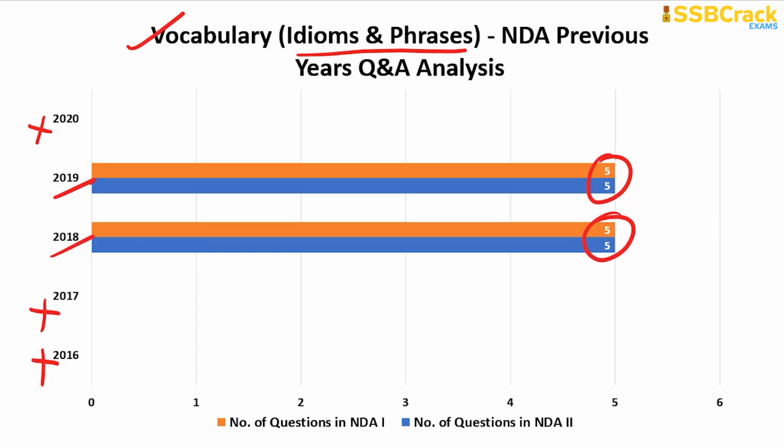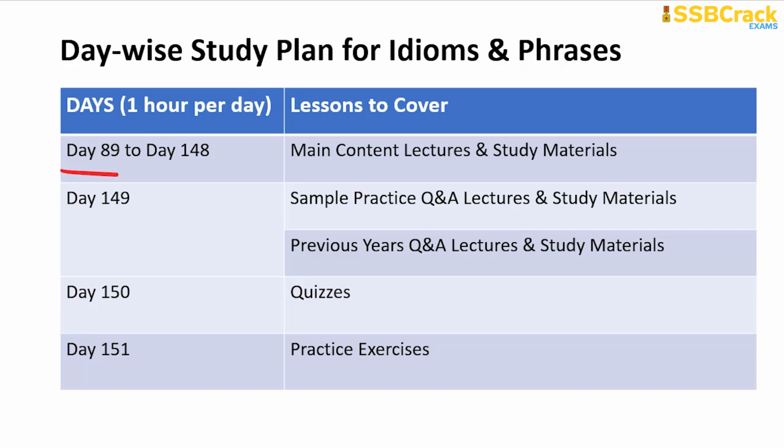So again, a very long list of idioms and phrases has been provided in our NDA course, okay, so you can go through them, and for that you need to dedicate day 89 to day 148, okay, 1 hour per day for covering all the main content lectures, all the lists of idioms and phrases and study materials for them. So you can learn at least one section, one list.